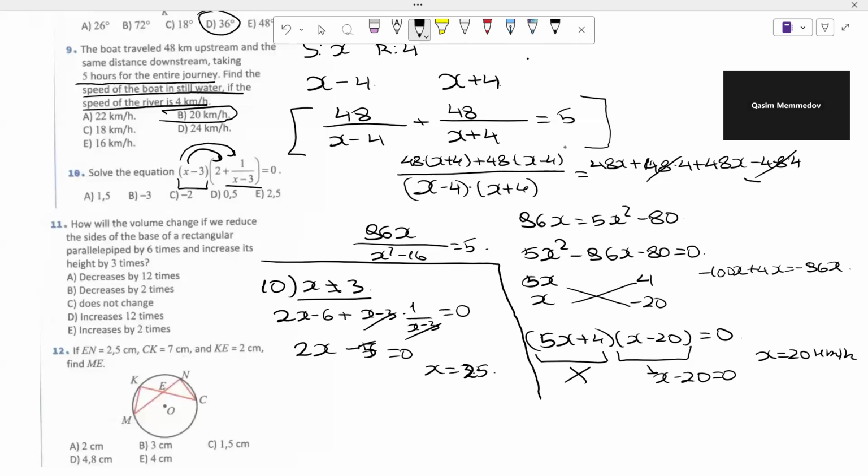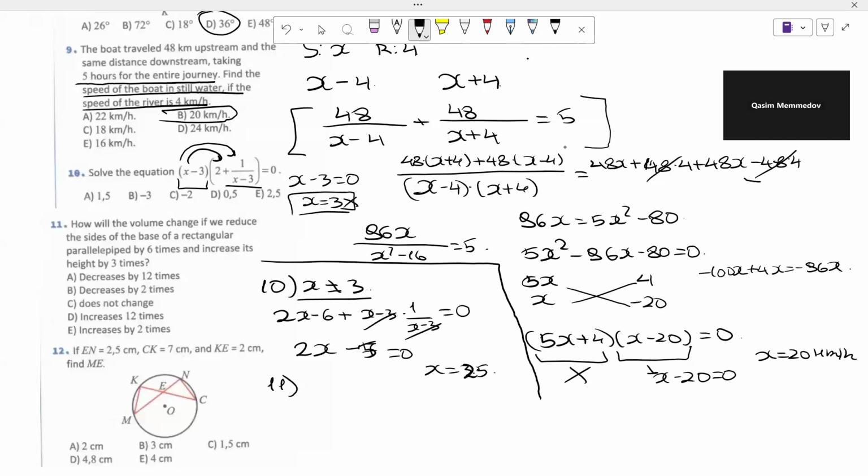If you write the first bracket x minus 3 equals 0, you will find x equals 3, but we can't write x equals 3 because the denominator will be 0 and it can't be.